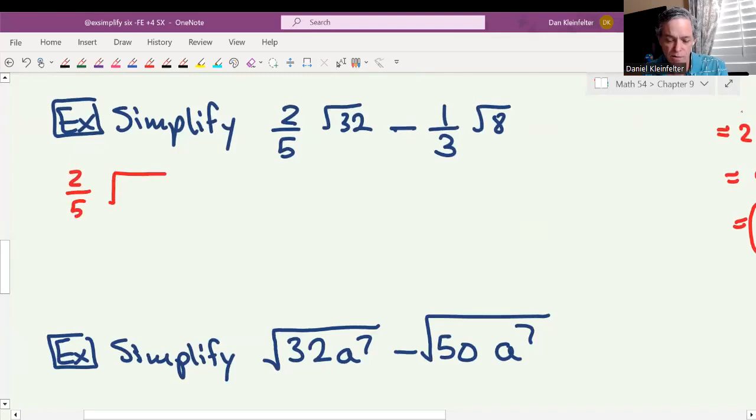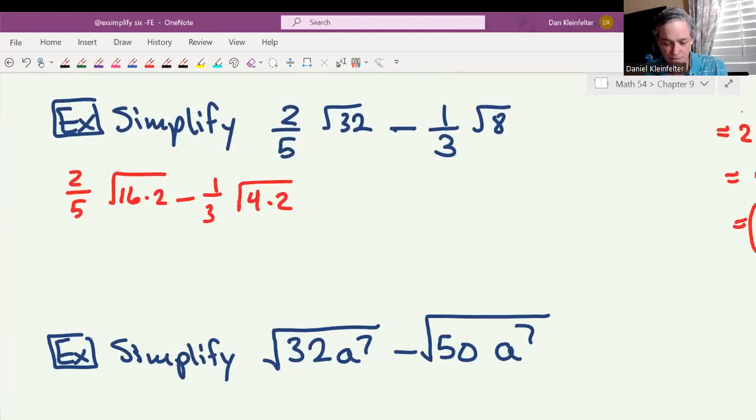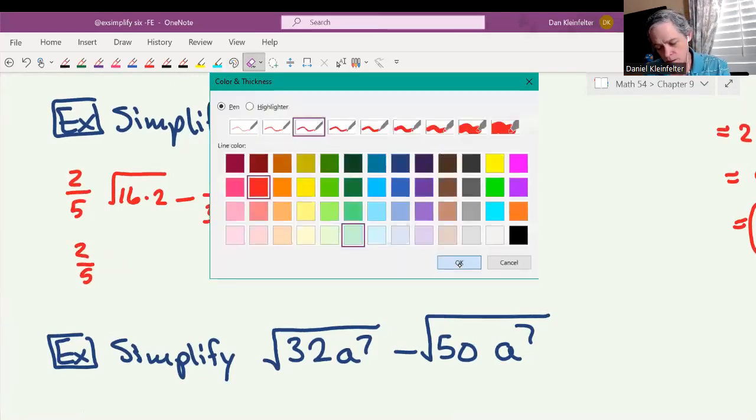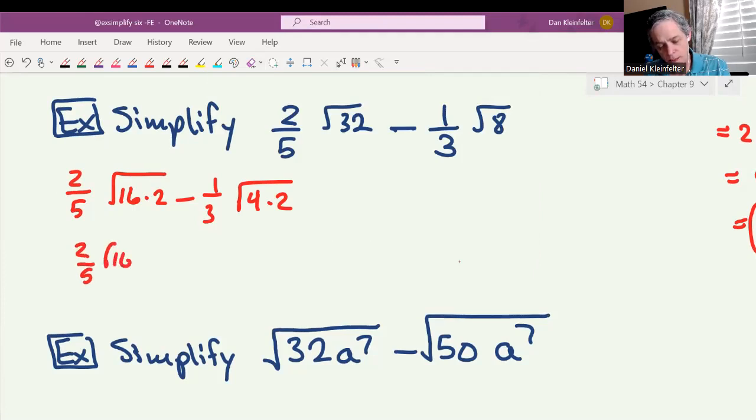Okay, so 32 will be 16 times 2. And then 8 is 4 times 2. We'll have 2/5 square root of 16, square root of 2, minus 1/3 square root of 4, square root of 2.